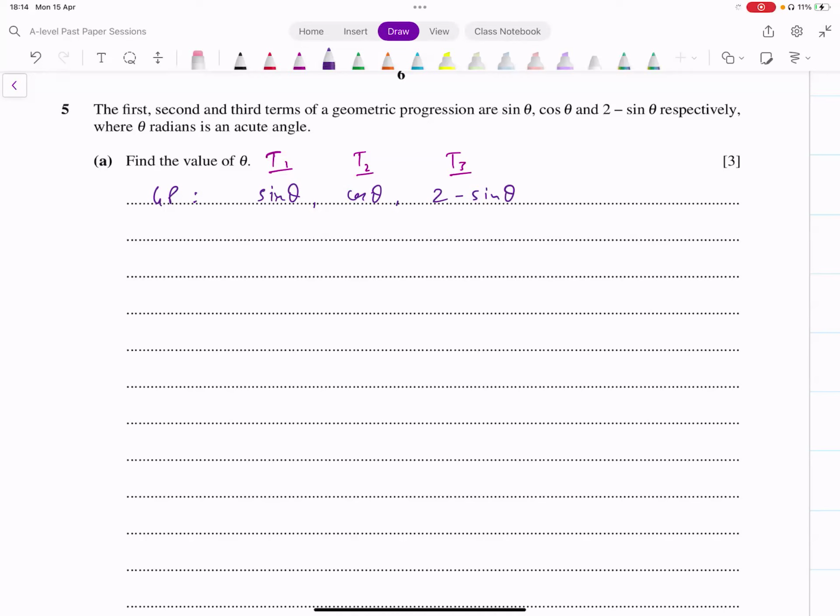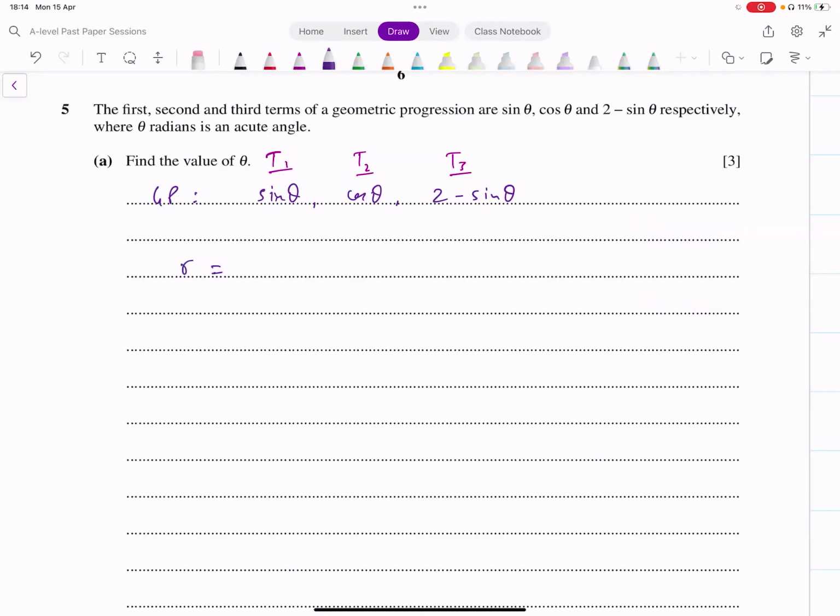Now, one idea could be to use the term formula here, as in use T2 equals AR, and then use T3 equals AR squared. Put AR equal to cos theta, put AR squared equal to this. However, in questions like these, where you have 3 consecutive terms given in a GP, it's much quicker and easier to use something like this.